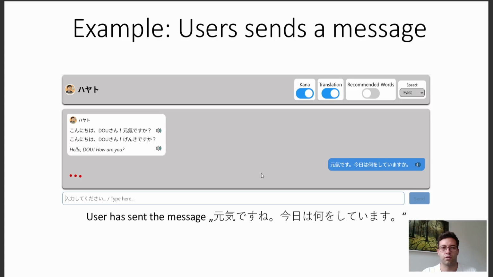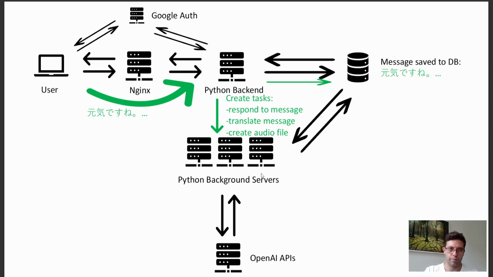So next, let's look at how this message travels through our system. So here the user sends the message. We see this big arrow, it reaches the Python backend. This backend then creates a lot of different tasks and puts those tasks on the queue.